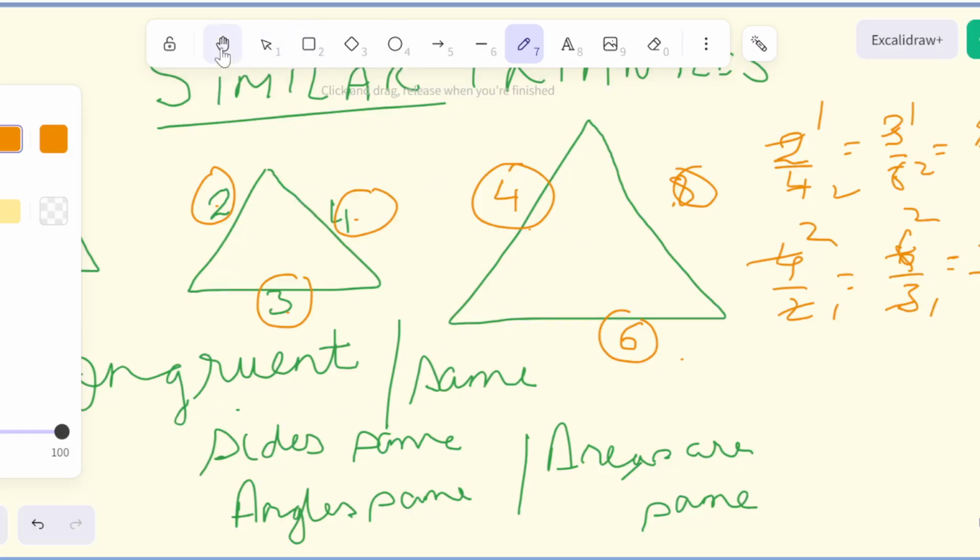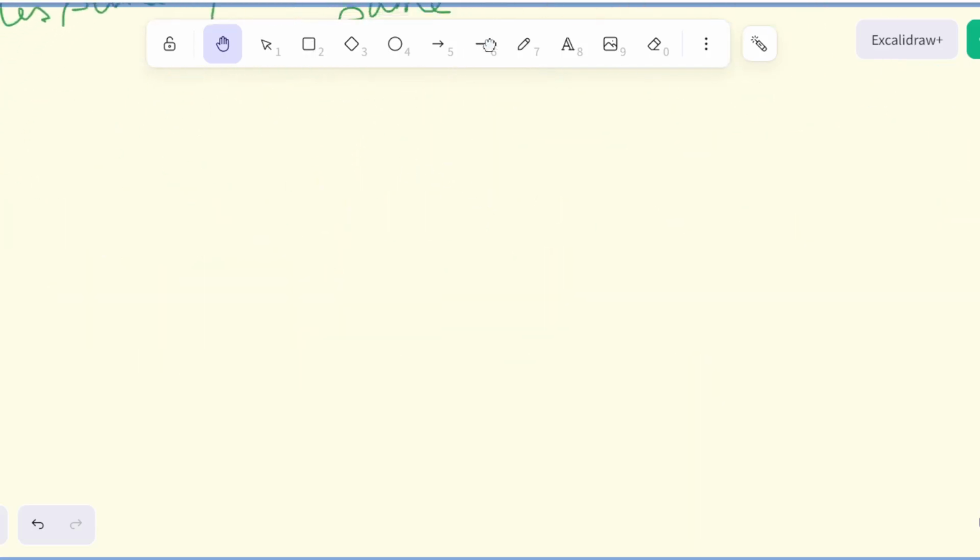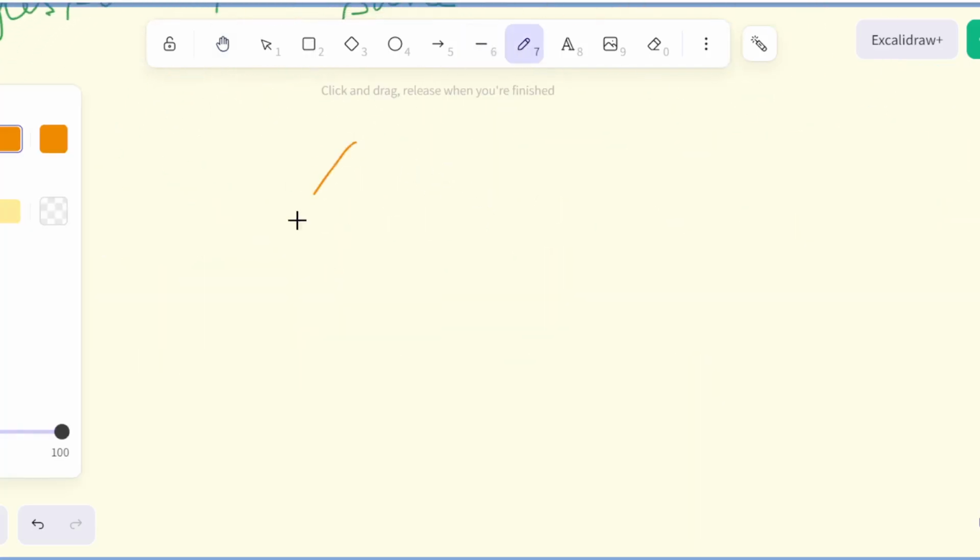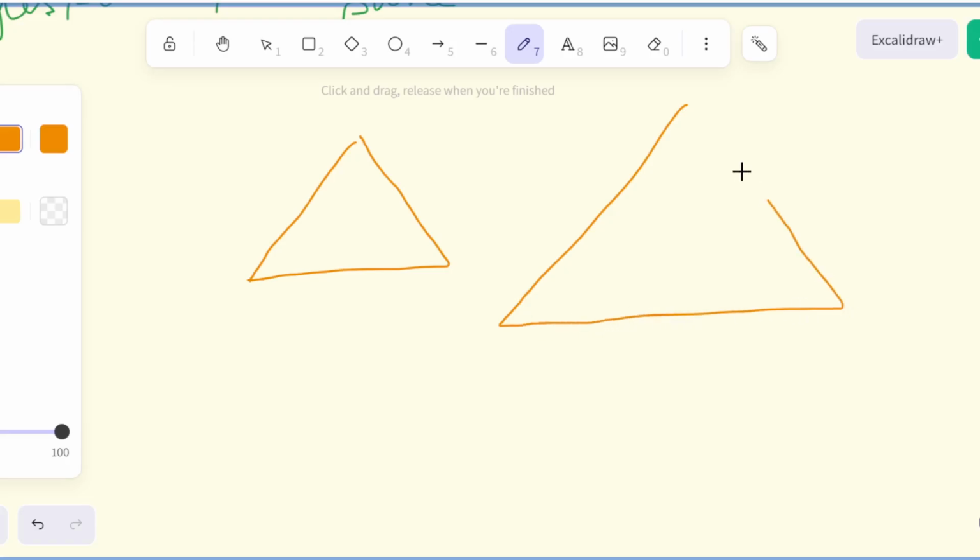Again, if I take an example of the same triangles, what I meant by proportion is that if you divide the corresponding sides with each other, the ratio will be same.